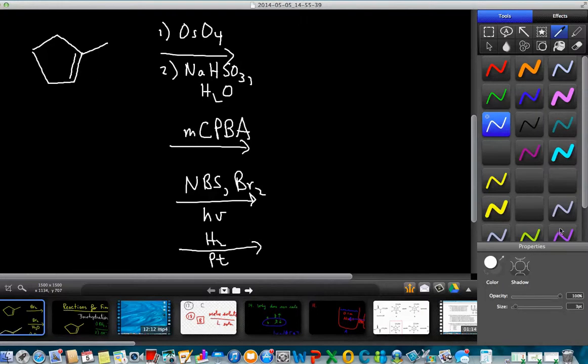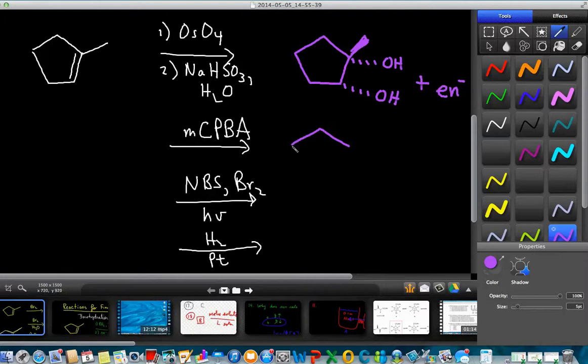Okay, now we're going to go a little purple. Osmium tetroxide will enable us to produce a syn diol. It's a vicinal diol, and both OHs will go in or come out, which means they both add from on top of the double bond, or as I'm showing here, from below the double bond. With MCPBA, we will make an epoxide.